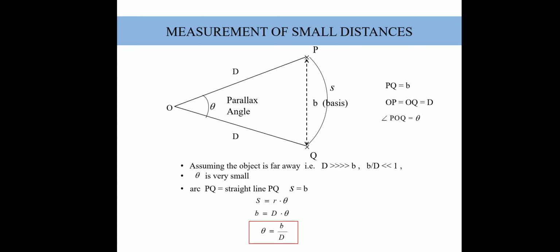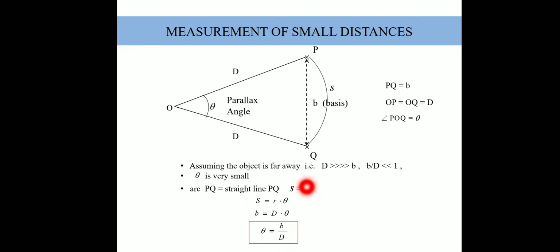So this is what is called the parallax method, using the phenomenon of parallax, or the observational difference between the left eye and right eye. By comparing the two observations, we are able to measure the angle theta.